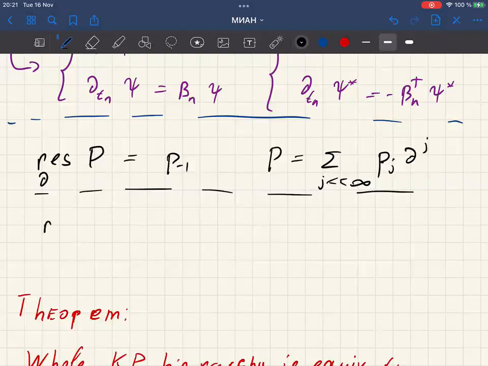Now, the second residue is the residue with respect to lambda of some series Q, and it is just Q_-1.